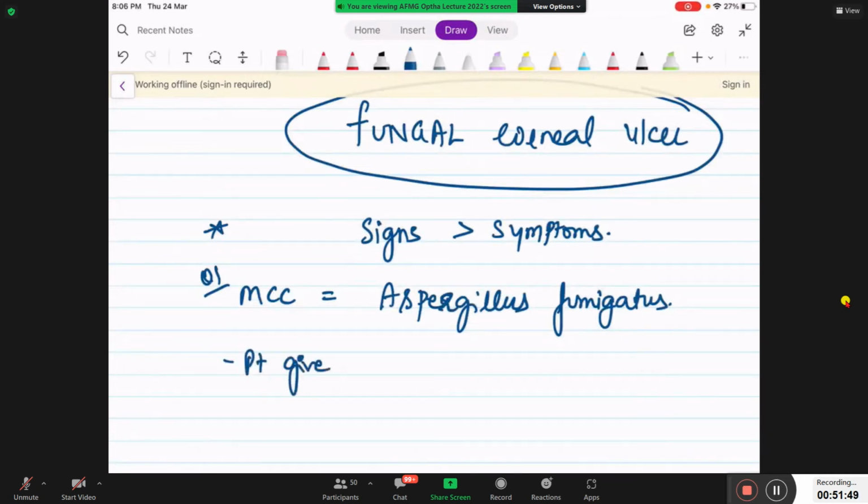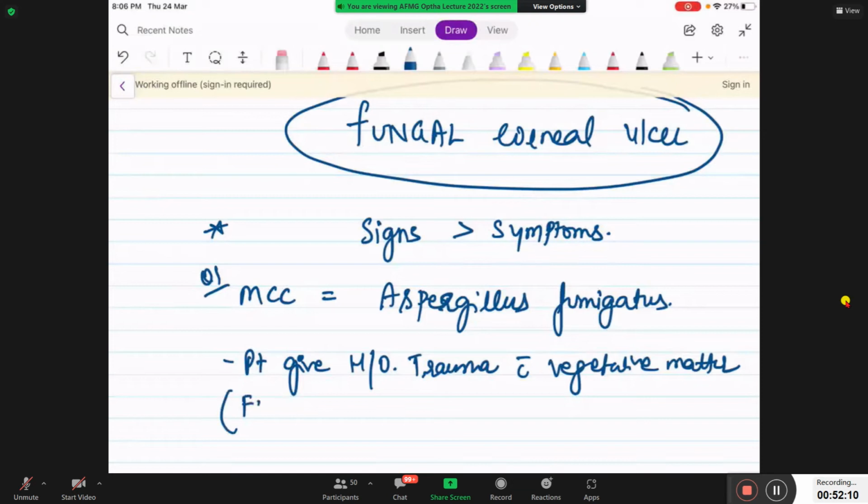Second important point, write down, a clue point which will be given in the history. The patient will give you a history of trauma with vegetative matter, which means it is most commonly seen in farmers.